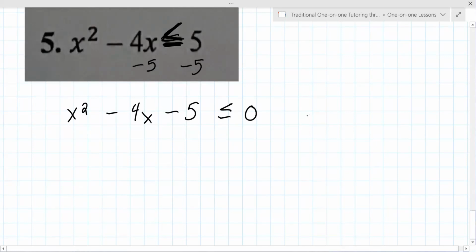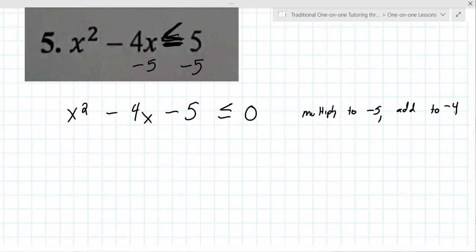Now we need to find two numbers that multiply to -5, but add to -4. Can you think of two numbers that multiply to -5? 1 and 5. 1 and 5 multiply to 5, not -5.